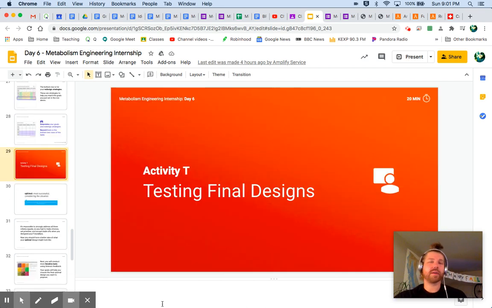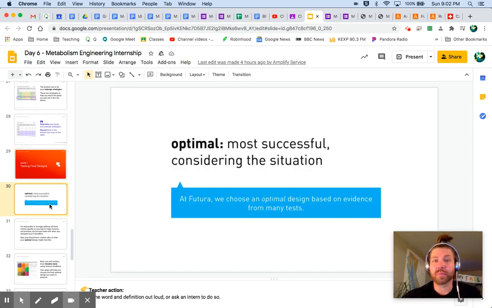All right, now that we have those sheets filled out, use them to inform your final design. Let's look at this word optimal, the most successful considering the situation. So our optimal design would have great feedback in every single one of those criteria.